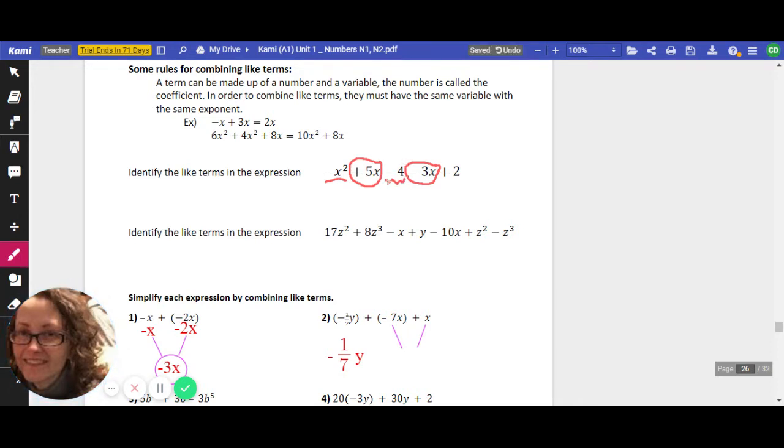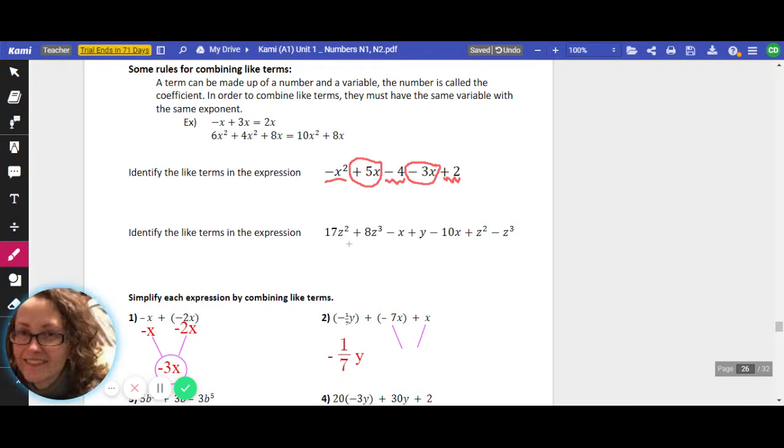Do I have any other terms that are like this one that do not have a variable? That would be this one down here at the end. So now I've identified all of the terms that have an x squared, all of the like terms that have just an x, and all of the like terms that have no variable.